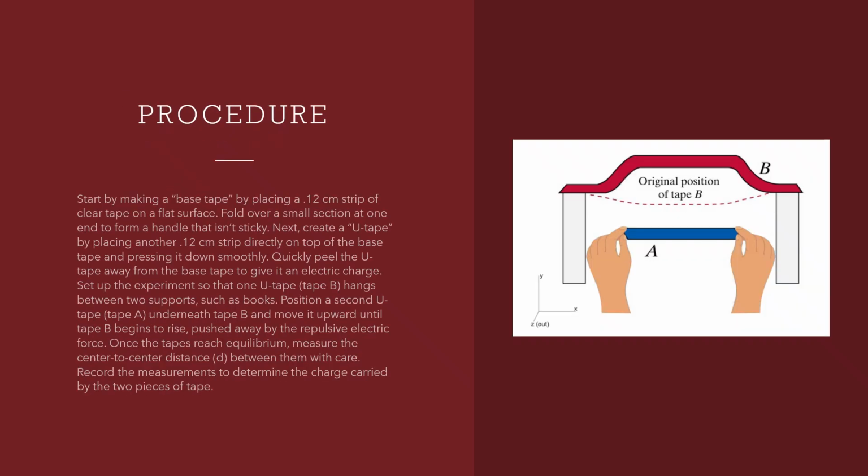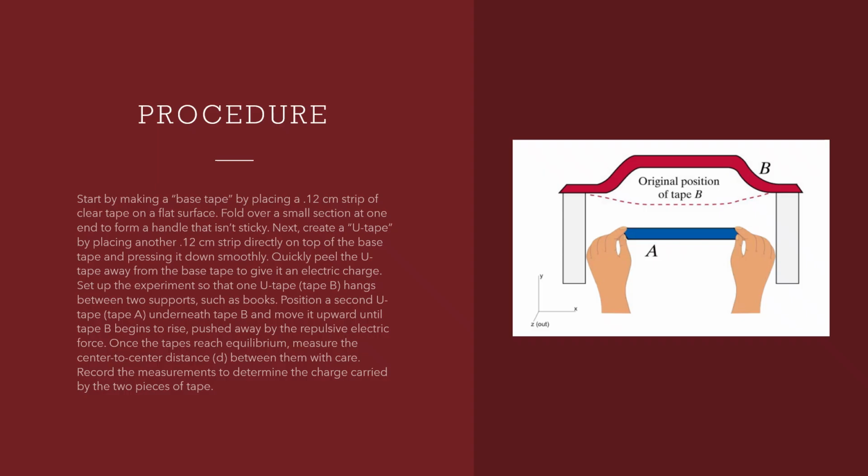All right, getting into the actual procedure of our lab. We began by making charged tapes, which was done by pulling a strip of tape off of the base piece and then noting the charge it carried. To test this, we compared how the tape interacted with both neutral objects and negatively charged ones, like the pen that was being rubbed. Afterward, we carried out the main experiment to measure the strength of the tape's charge.